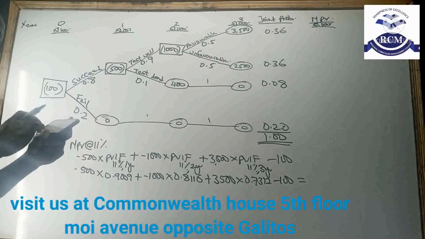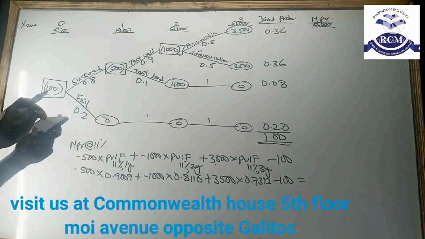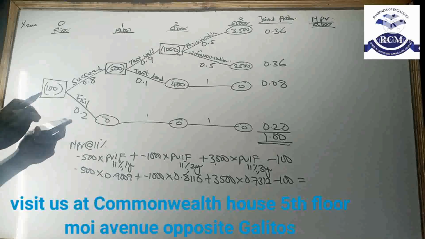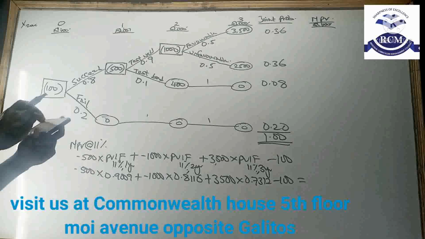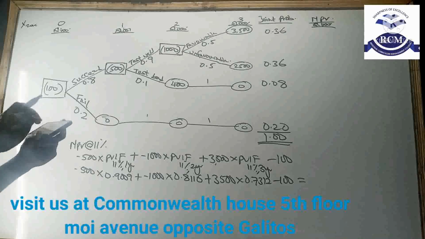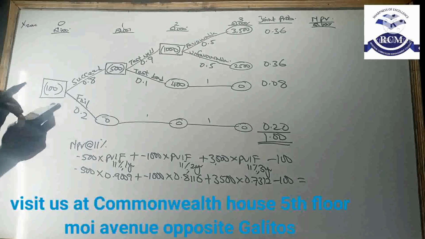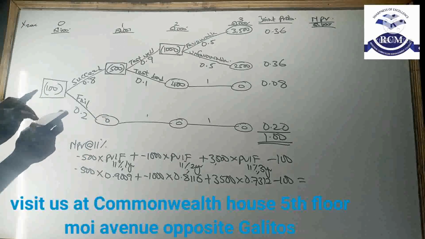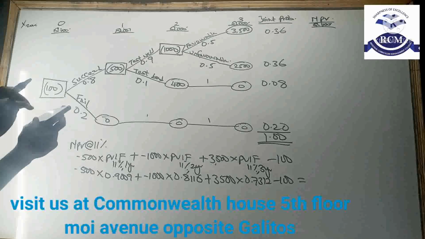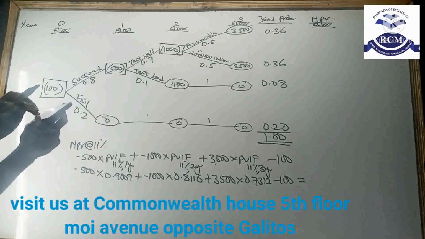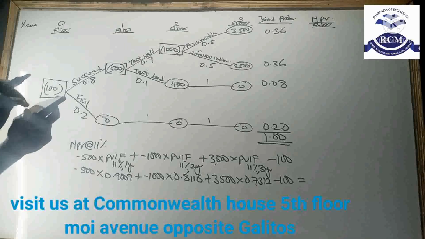Negative 500 times 0.9009, plus negative 1,000 times 0.8116, plus 3,500 times 0.7312. Then we subtract 100.